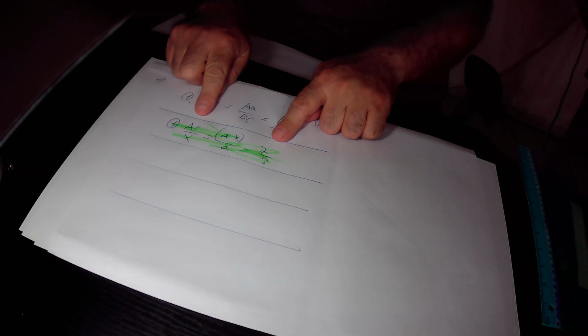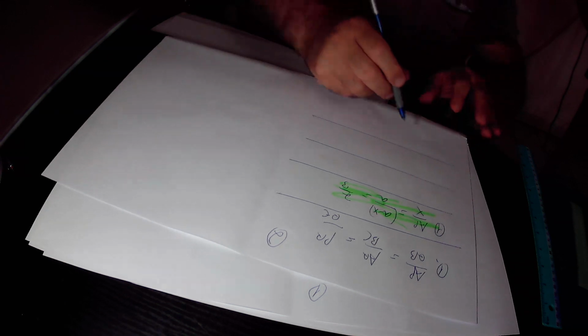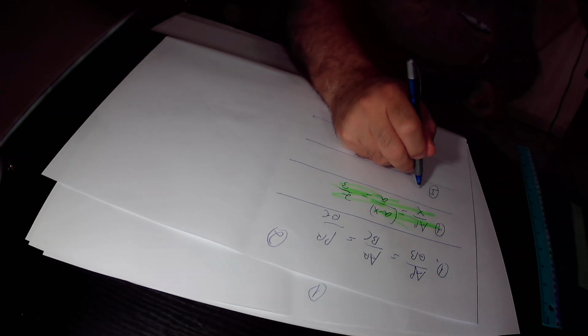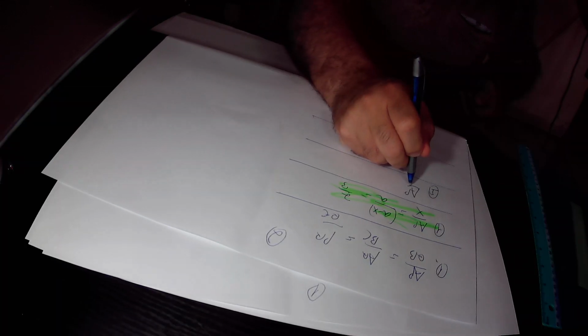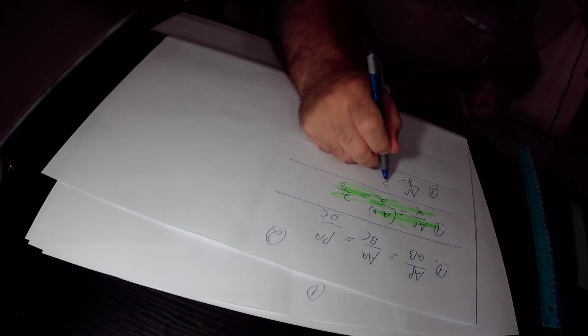Those two expressions are equal to each other. Therefore, we create equation 1, the first equation, from those two expressions. That is to say, according to equation 1, we get that AP over X equals 2/3.